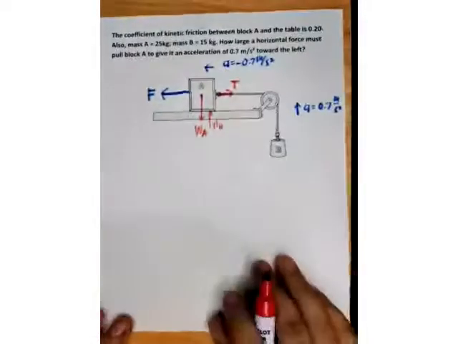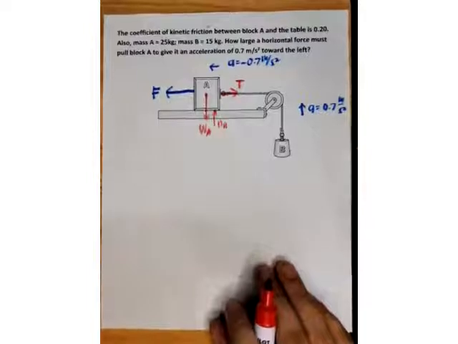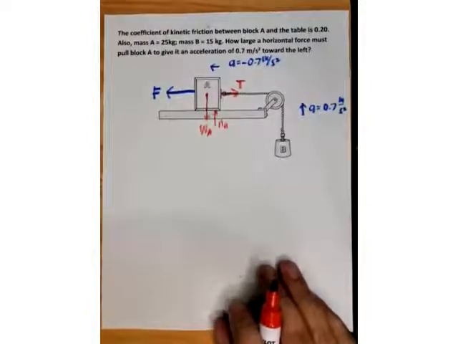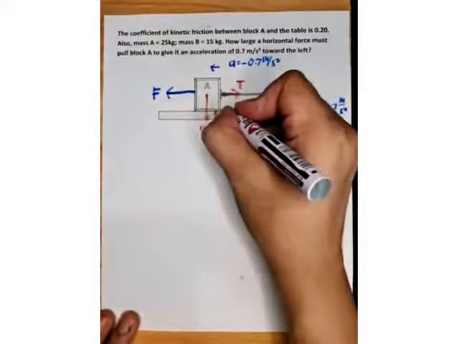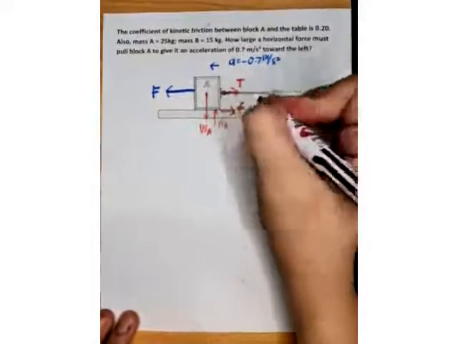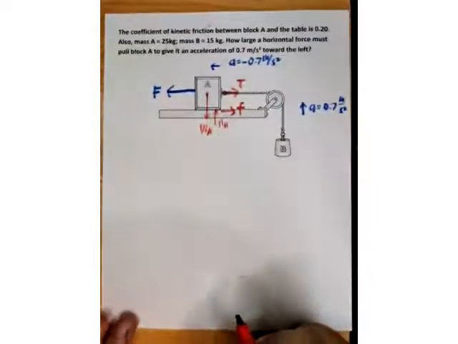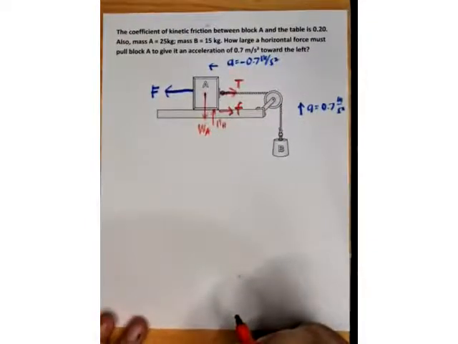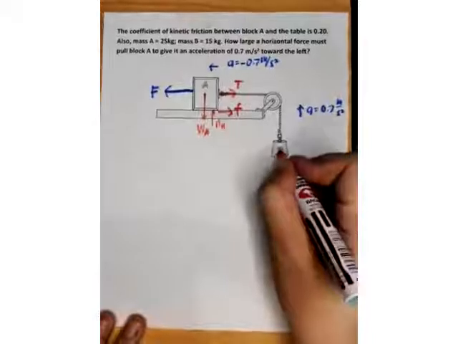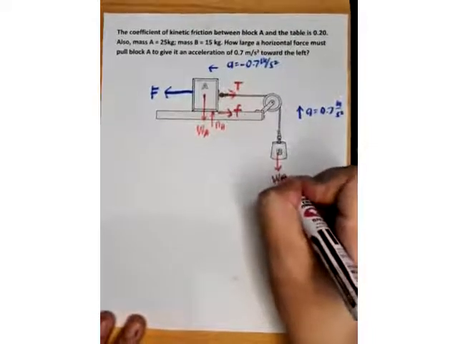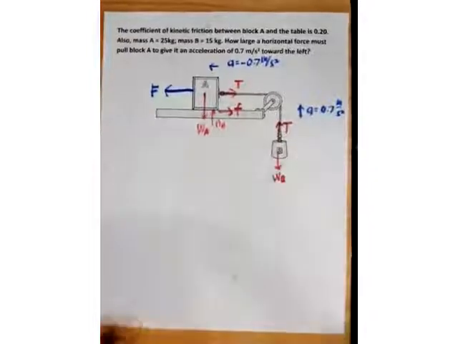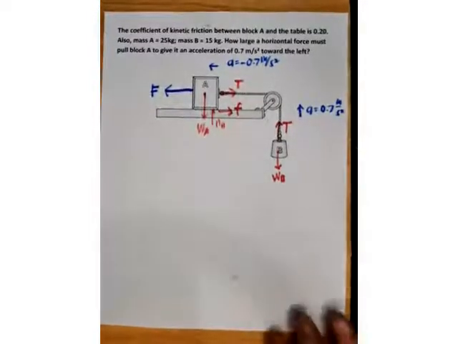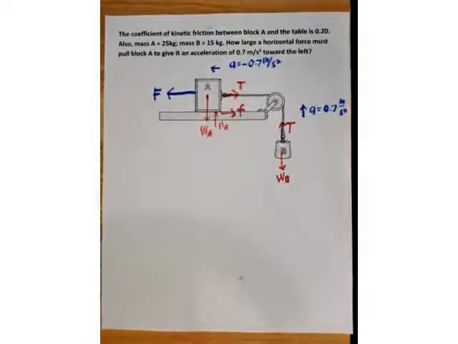However, the direction of friction will change. Since our object A is now going to the left, the friction will go to the right. Same here for B: we have the weight B and also the tension.